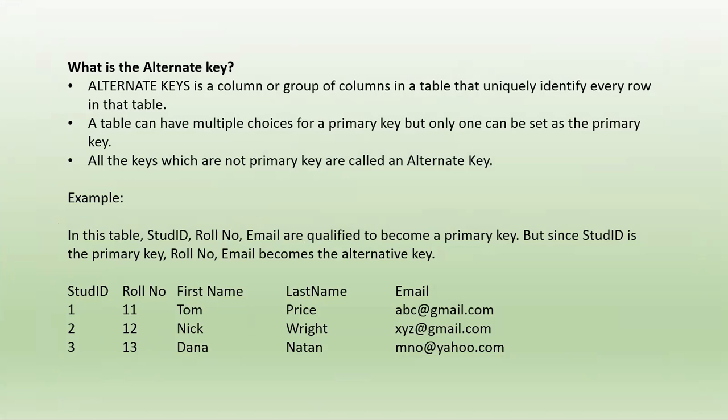All the keys which are not the primary key are alternate keys. For example, in the student table, student ID, roll number and email are qualified to become a primary key. But since student ID is the primary key, the roll number and the email become alternate keys.